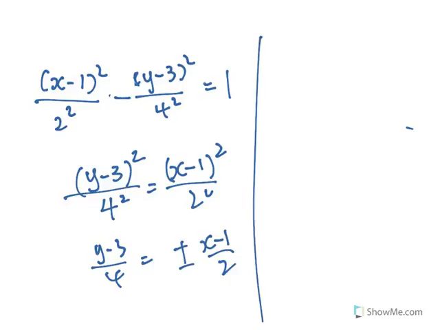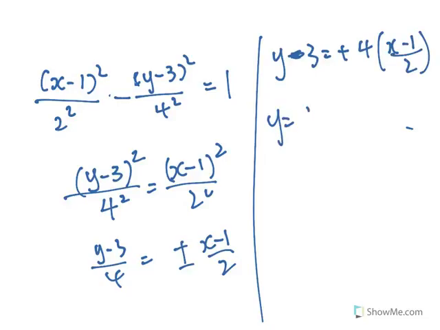So for situation 1, y minus 3 equals plus 4 times (x minus 1) over 2, so y equals 3 plus 4(x minus 1) over 2.